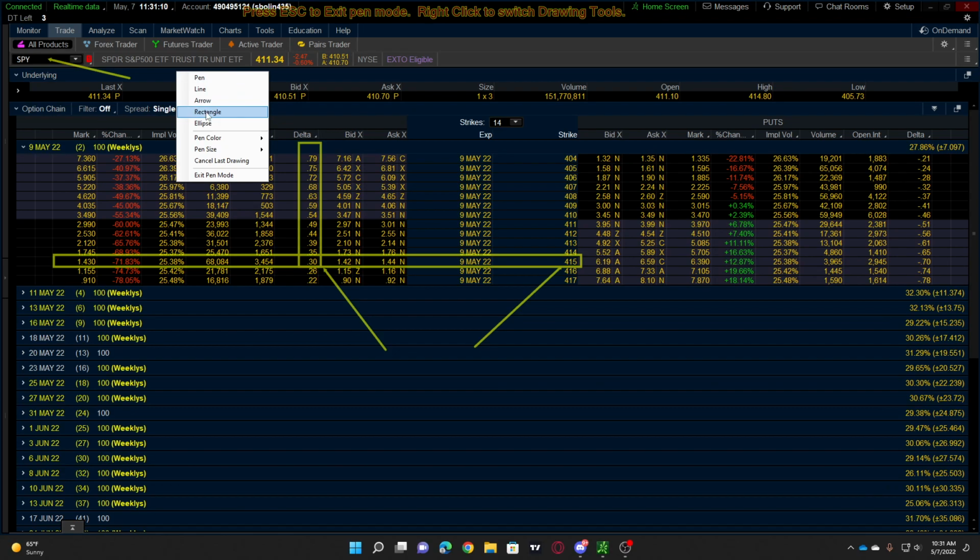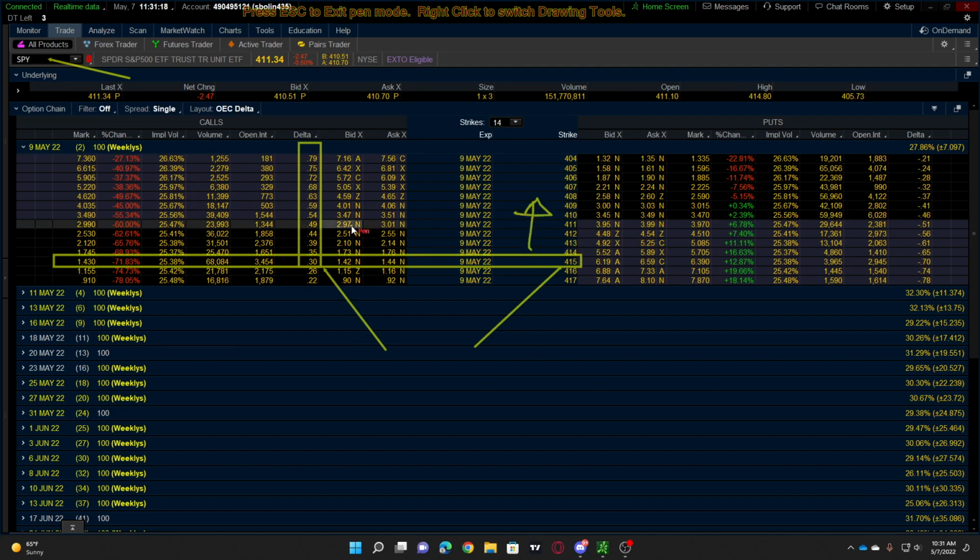Now at expiration, if this strike ends up in the money, the delta will move up as the strike moves up, and once the strike is in the money, it will have these in the money deltas.